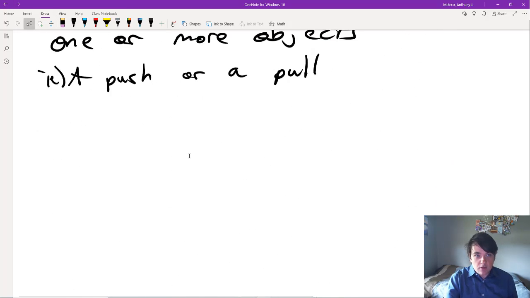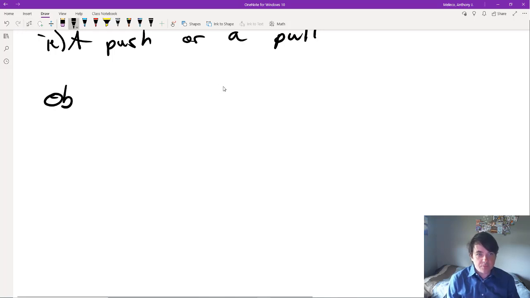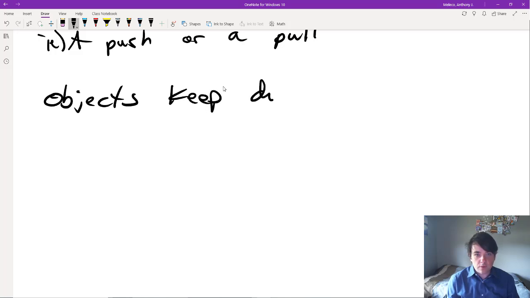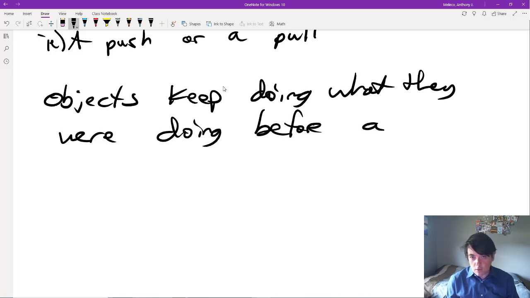Ultimately what this means is objects keep doing what they were doing before a force is applied.